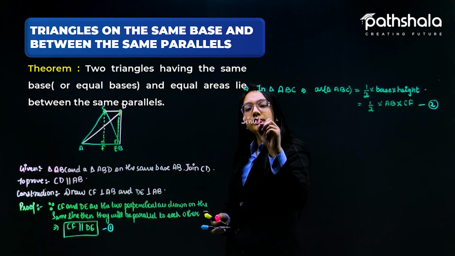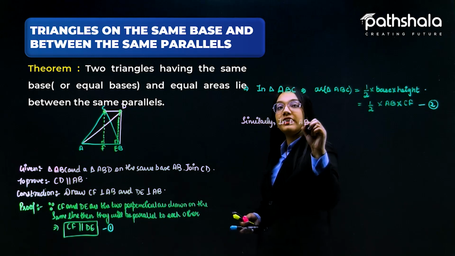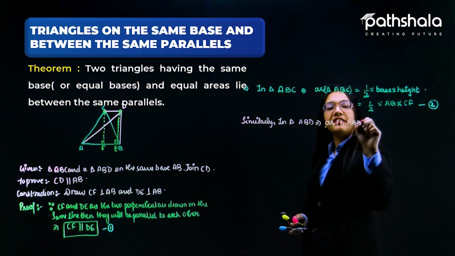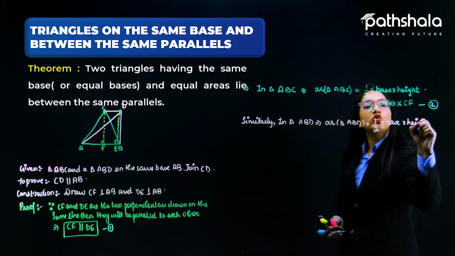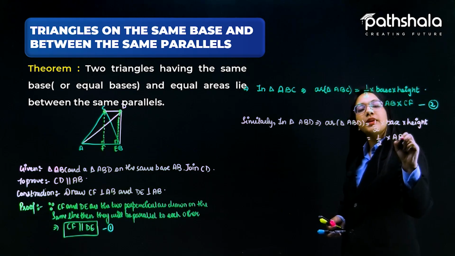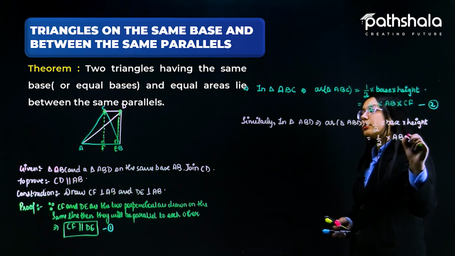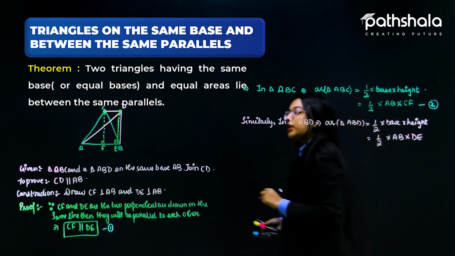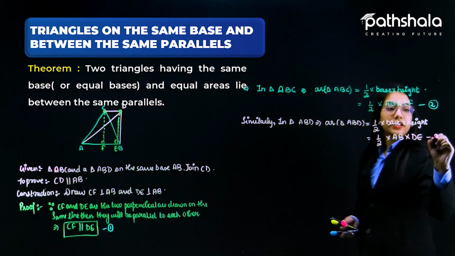Similarly, in triangle ABD, the area of triangle ABD is equal to half into base into height, which is half into AB, with the base remaining the same, and the height is DE. Let us call this 3.